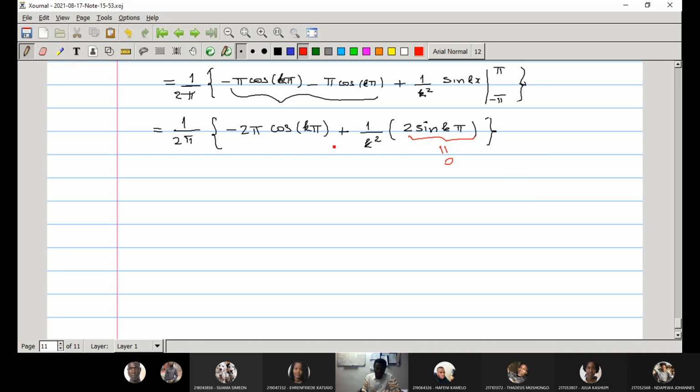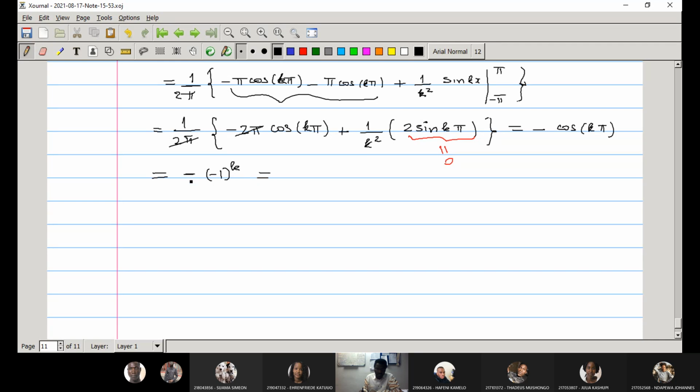So I will be left with this one, and I express that simply. So this is reduced to, okay, this 2 pi we cancel out with this one. So it will be negative cosine k pi. And cosine k pi is what? Cosine k pi, so you have negative here, it is negative 1 to the k.